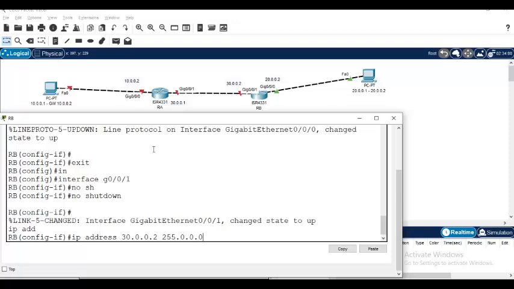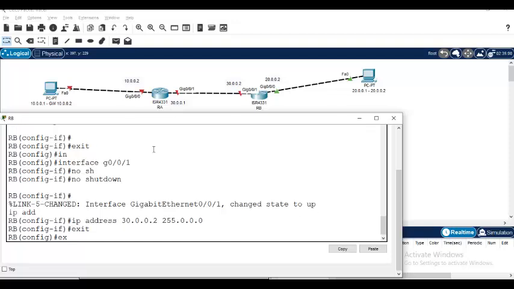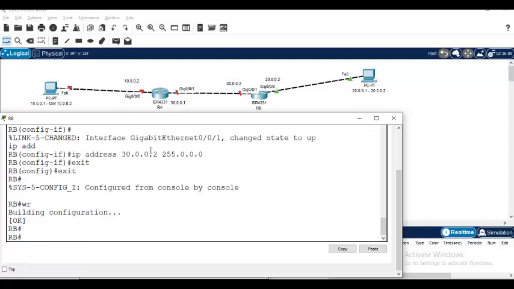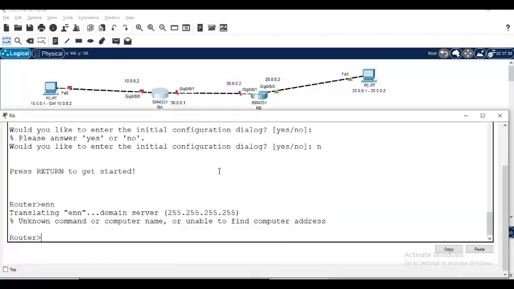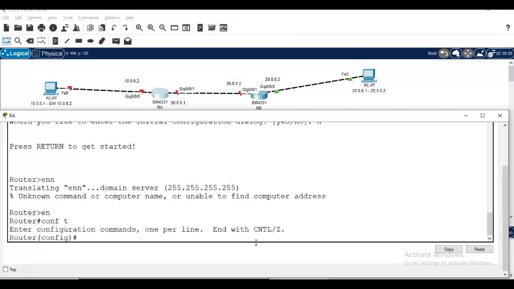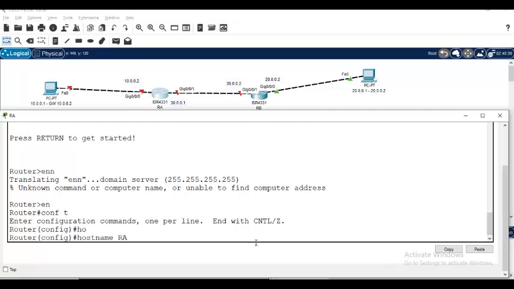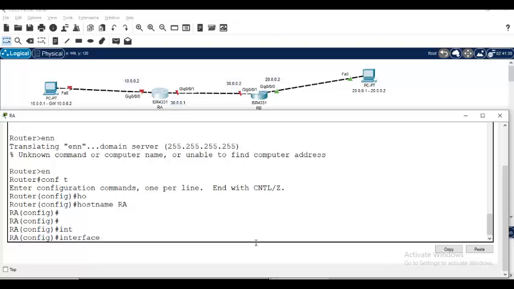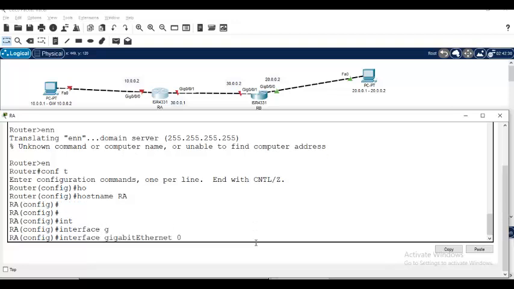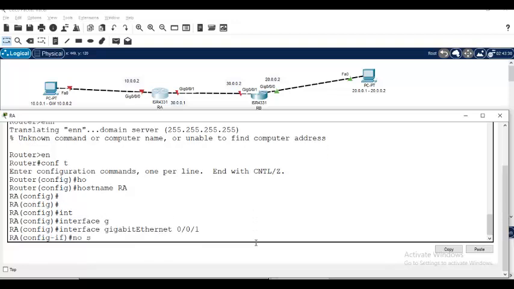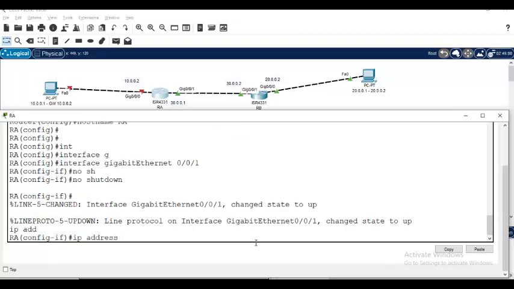Done. Now router A, interface G0/1, 30.0.0.1.